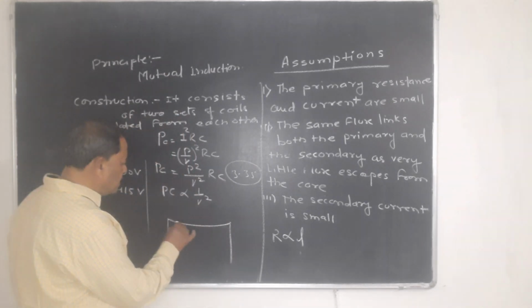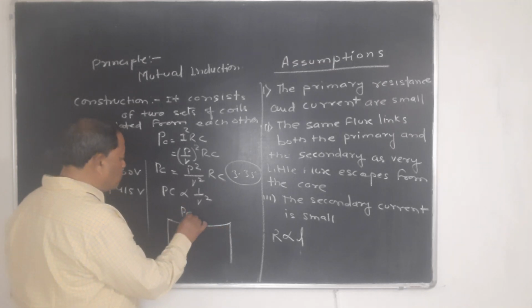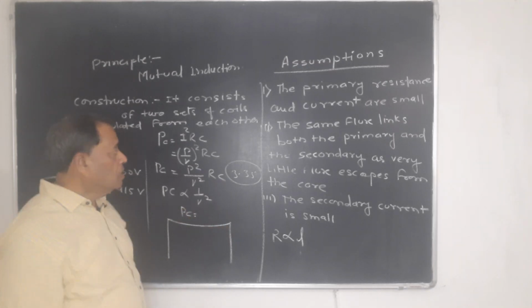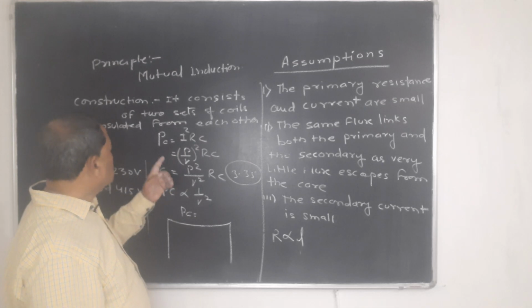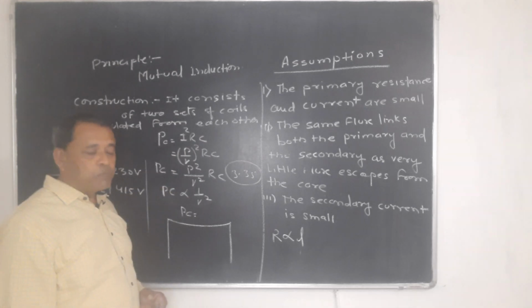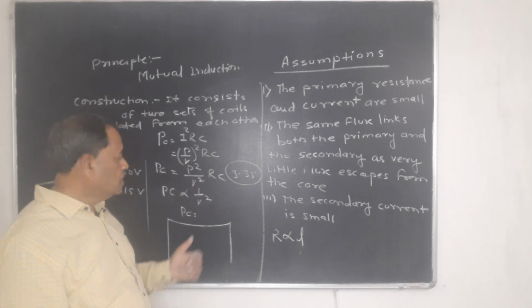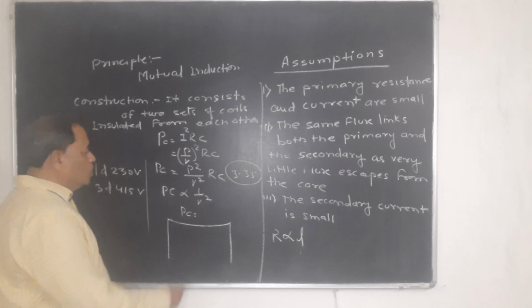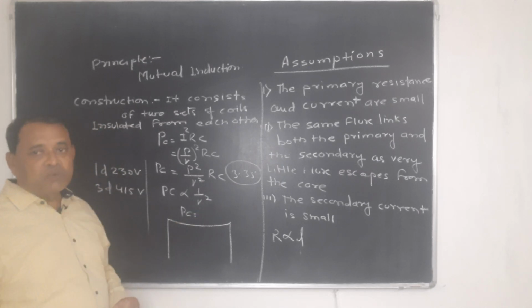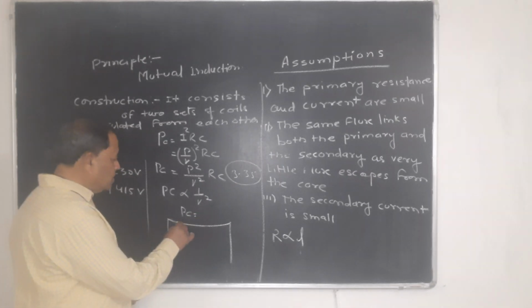So in the transmission line, this Pc waste of power is of no use, so we have to minimize it. As per these equations, Pc is inversely proportional to V square. What is V? V is the system voltage or transmission voltage.